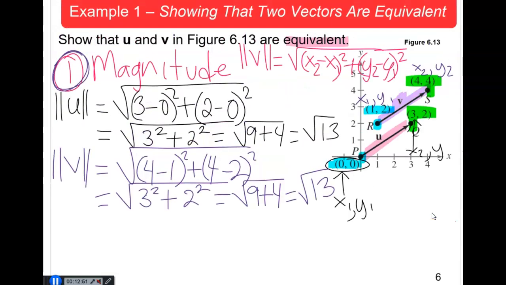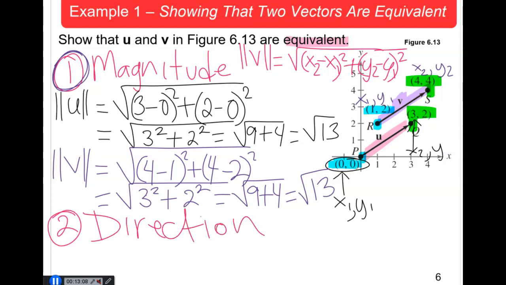And so to check for direction, we're actually going to use the slope formula. So for the vector, I'm going to call it m sub u. So we know that's the slope of vector u.